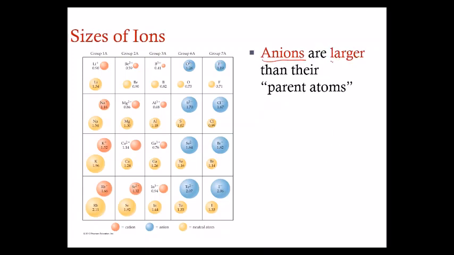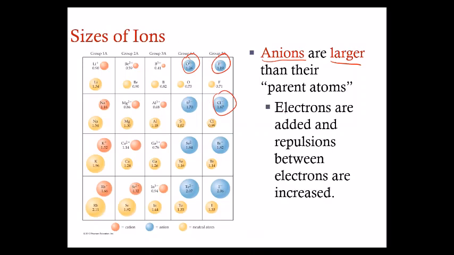Anions get larger than their parent atoms. As you can see, oxide, fluoride, chloride, these are all much larger than their parent atoms. Why is that? Adding electrons causes repulsions. You're not adding any new energy levels, you're just adding to the current energy level, and that causes repulsions, and the repulsions make it spread out.